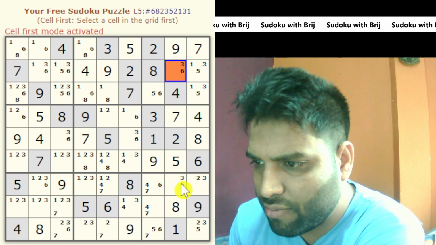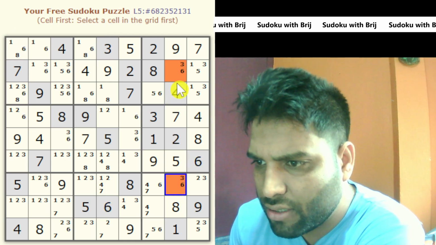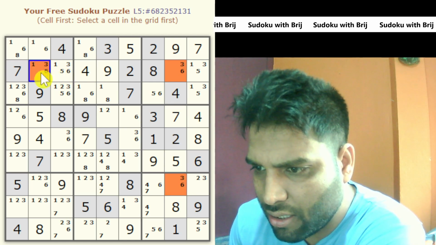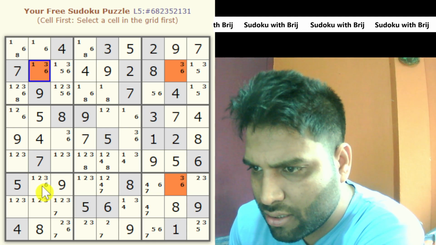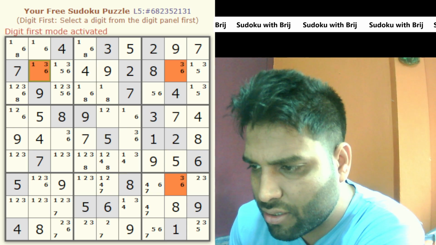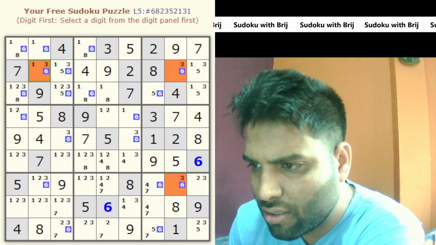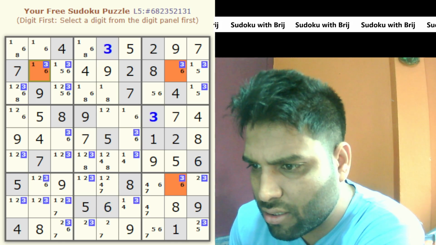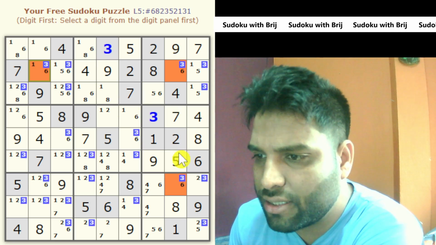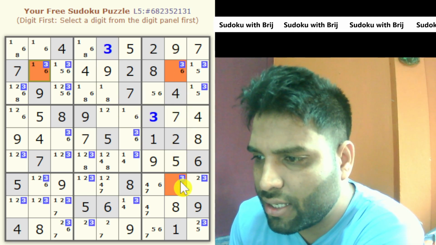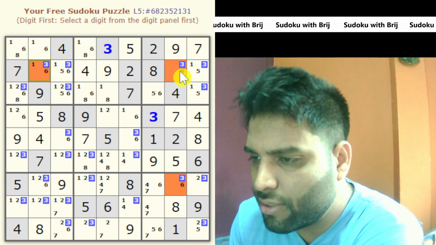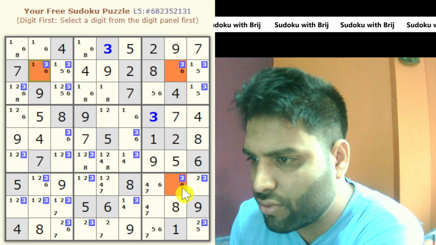Let me mark the cell. Wait, am I talking about 6 or 3? I'm talking about 3. Let's see the 3 first. So there is 3 in this column. The only possibility of 3 is in these two cells.